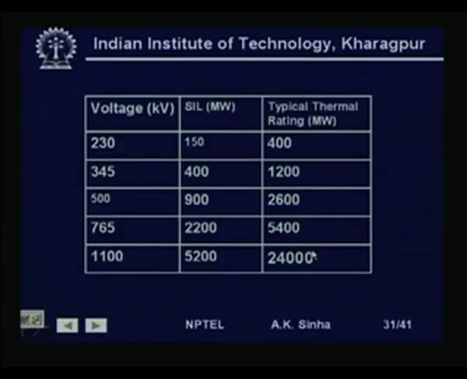This is the typical surge impedance loading at different voltages, and this is the thermal rating of the line. So, we see that for the lines, the thermal rating in most of the cases is much higher than the surge impedance loading.